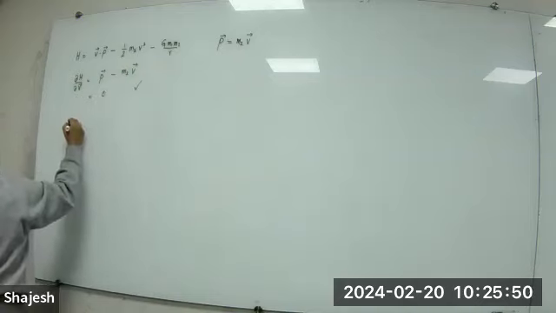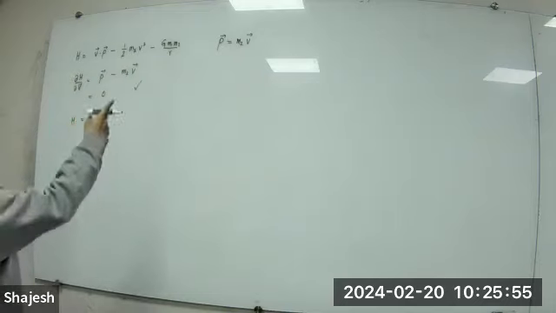This suggests that we should not write our Hamiltonian in terms of velocity. Put this back in here.